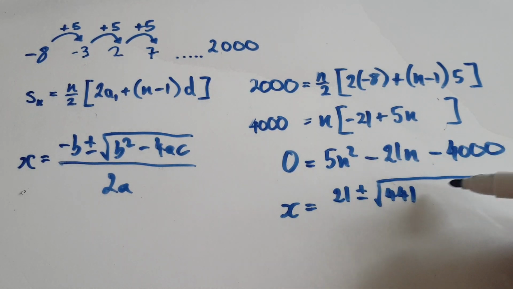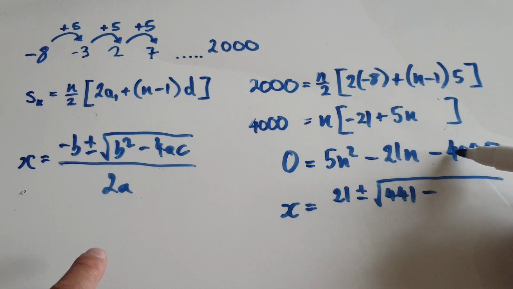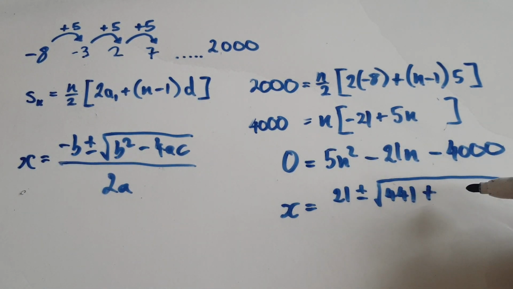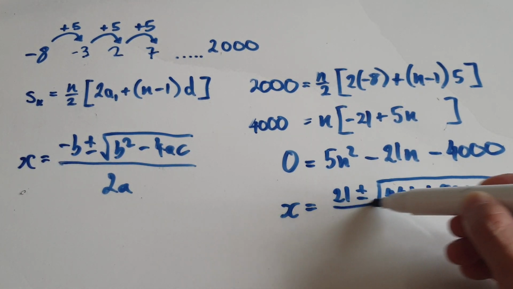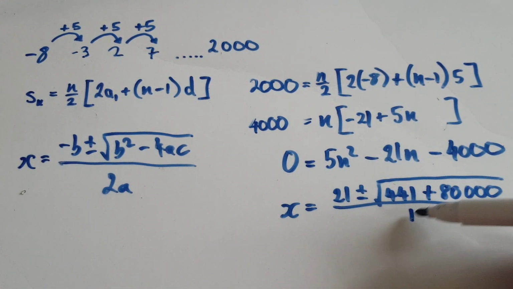Then minus 4ac. Don't forget c is a negative, and there's a negative here, so it becomes a positive. It comes to 80,000. And we divide by 2a, a being 5, so that would be divided by 10.